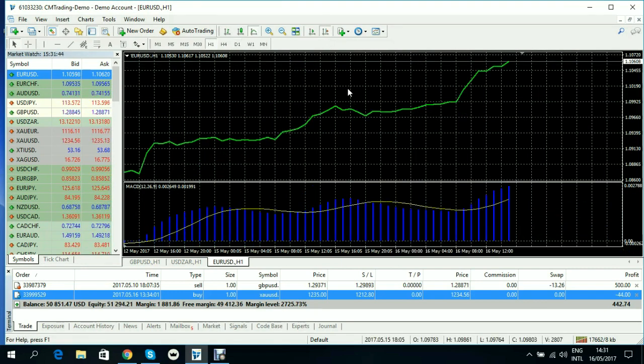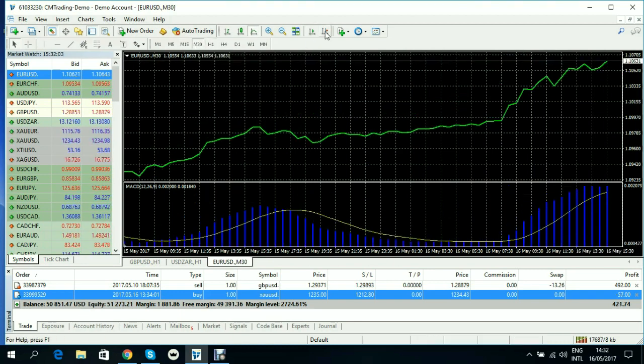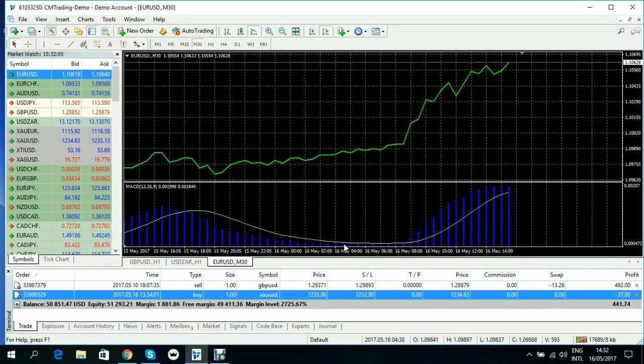Now, how do you actually confirm MACD to be a matured trend? This is how it works. Confirm with at least 30 minutes. For example, for a buy trend, check the 30 minutes and make sure that it is above the 0.